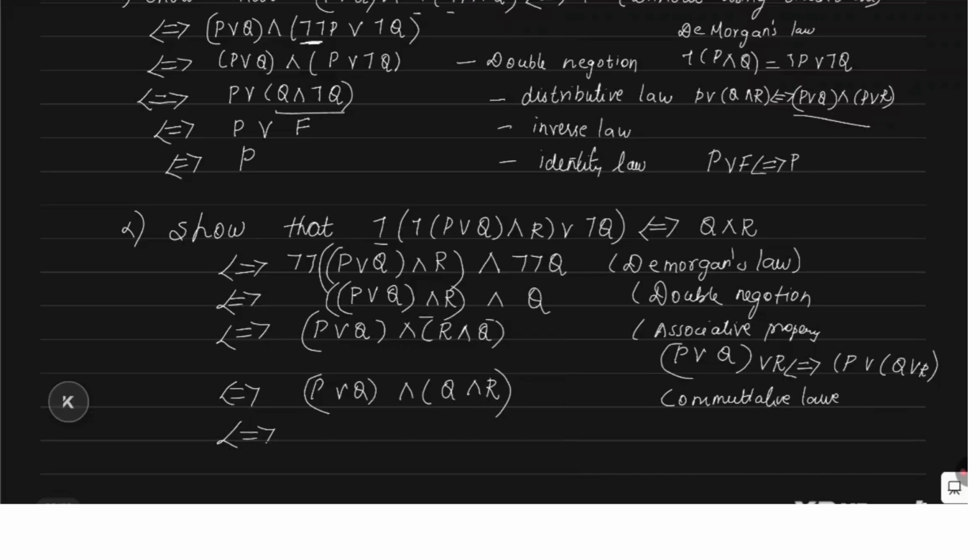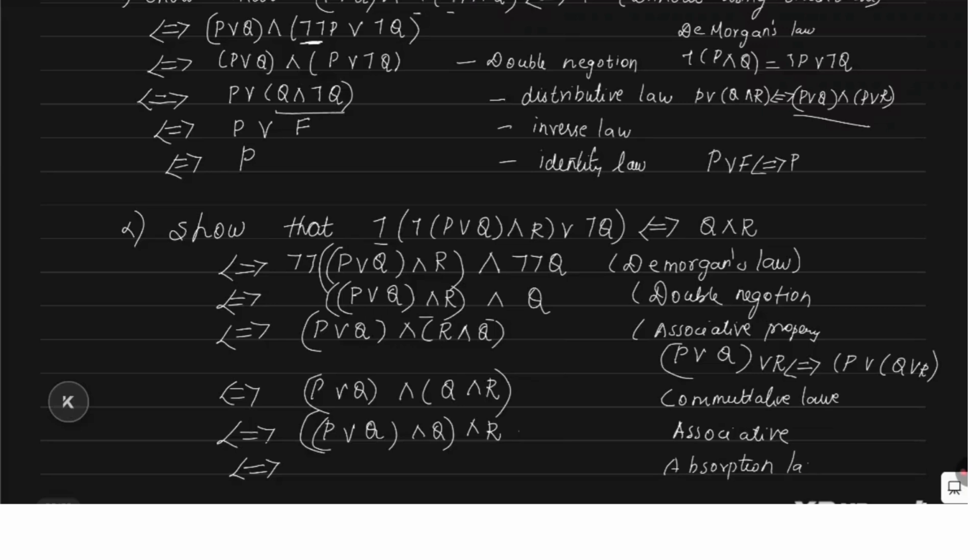Now again we are going to use the associative property. Whatever we did here, we brought inside the bracket, now we take it outside the bracket, so it will be (P or Q) and Q in one bracket, and R. Now we are going to use the absorption law.